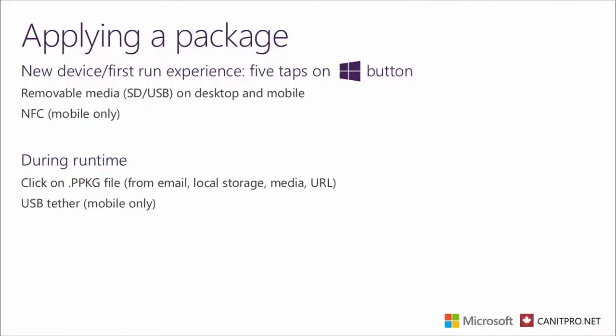So during runtime, you can do a deployment with the package file accessed via an email, or local storage, media loaded on the device, or a URL. On mobile, you also have the additional availability of tethering via USB. So taking a USB cord, plugging it into your laptop, tablet, or PC, and pushing the image that way.